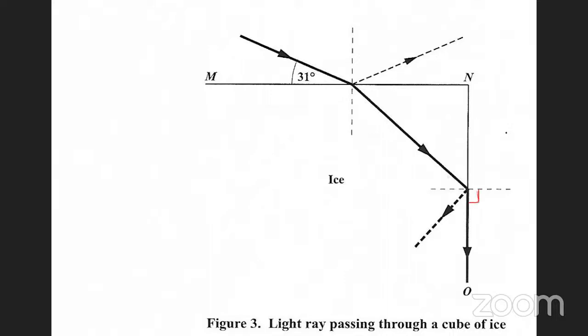Your 90 degrees is there. So therefore, here is your critical angle. Okay? The critical angle is there. Right, Ravi? Did you add that to your diagram? Yes, sir.